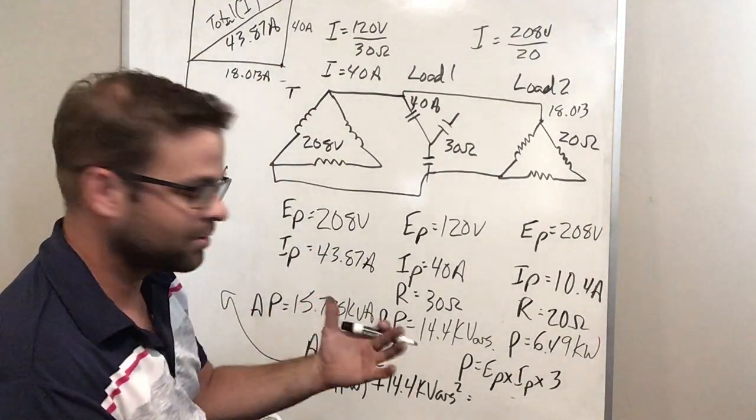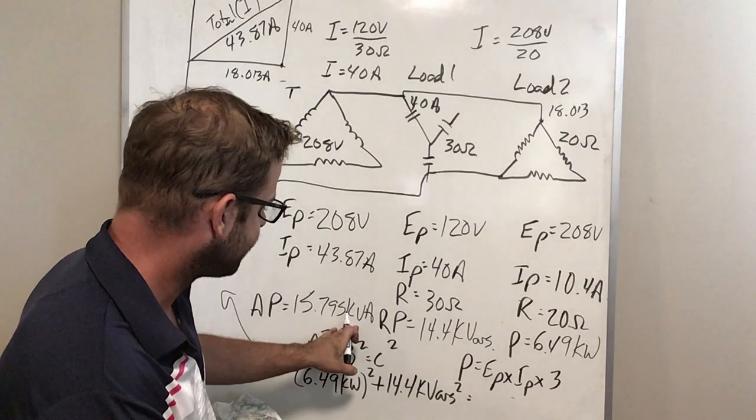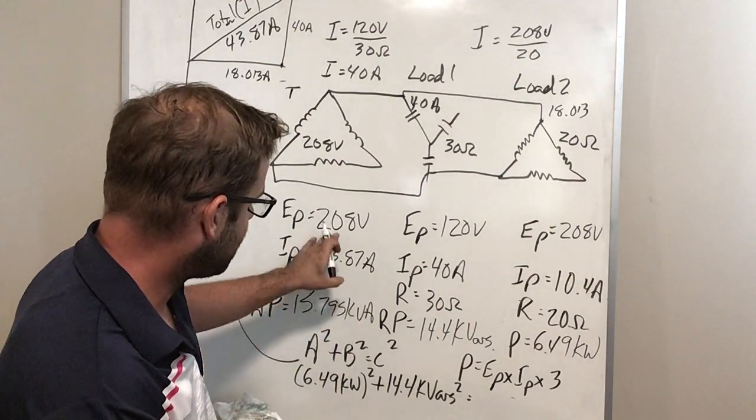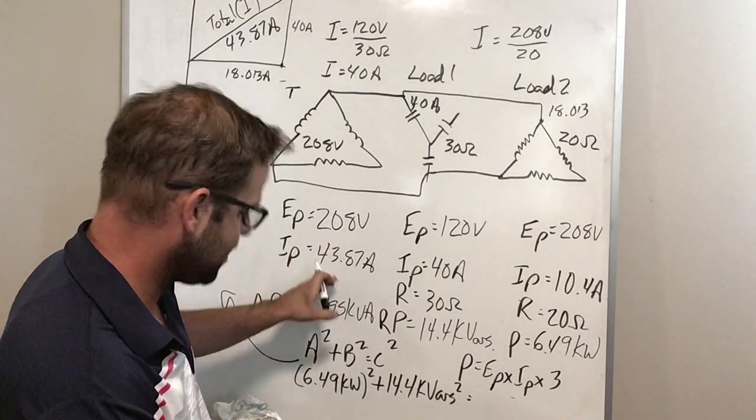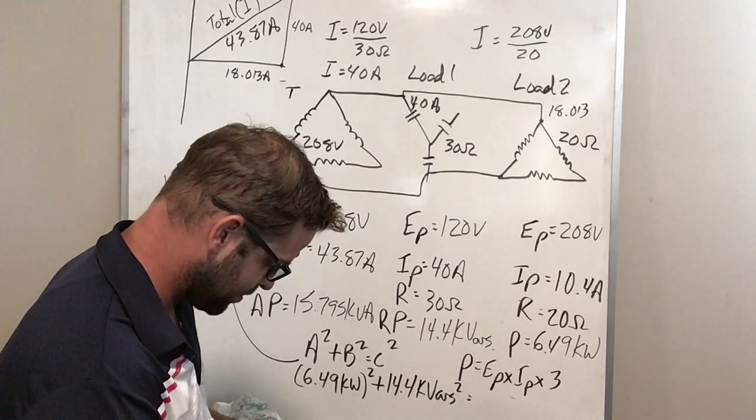And then you can also go the other way and take the 15.795 kVA and divide that by 208 divided by 3, and it should give you the same amount. I'm just going to pound that out quick just to make sure.